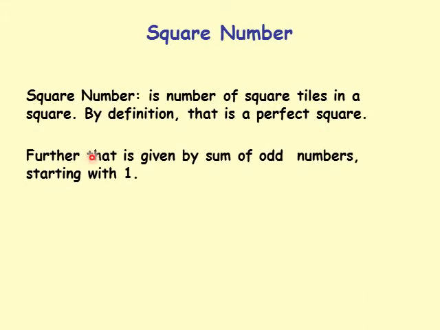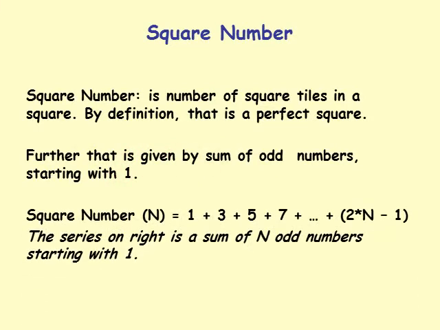Further, it is given by the sum of odd numbers starting with 1. The square of n is 1 plus 3 plus 5 plus 7 and so on, up to 2 times n minus 1. This series is the sum of odd numbers starting with 1.